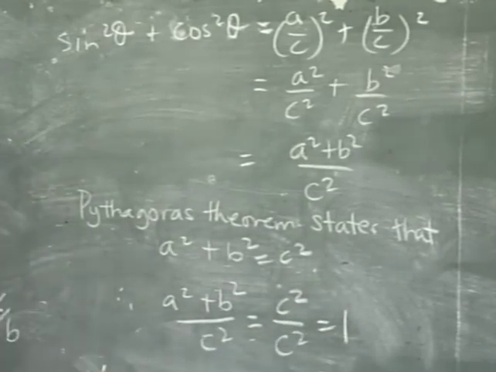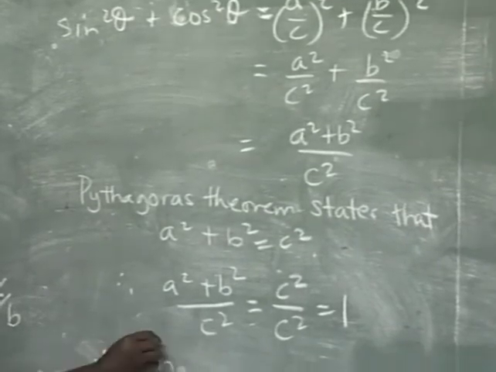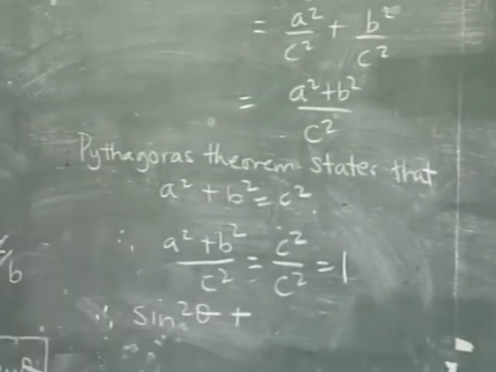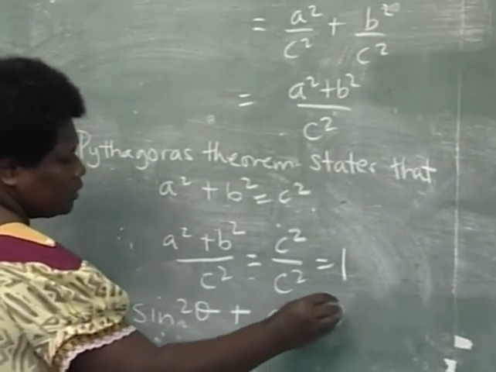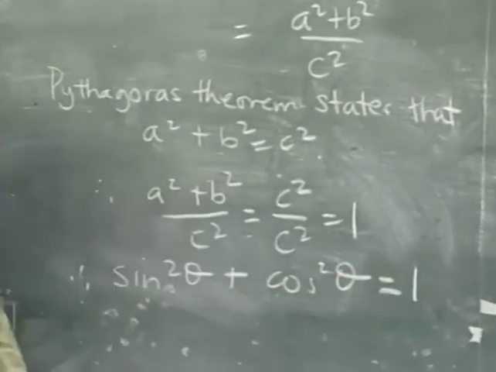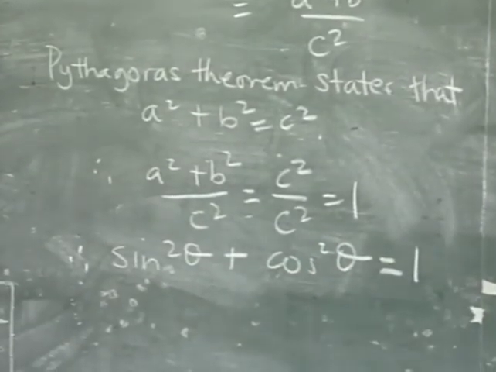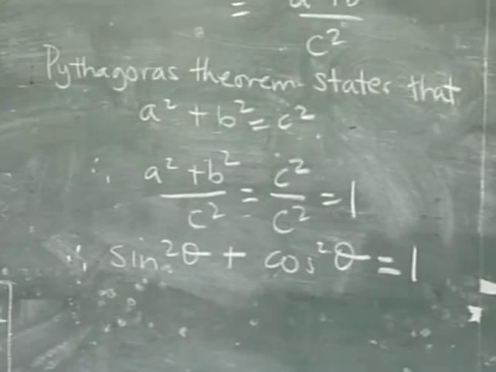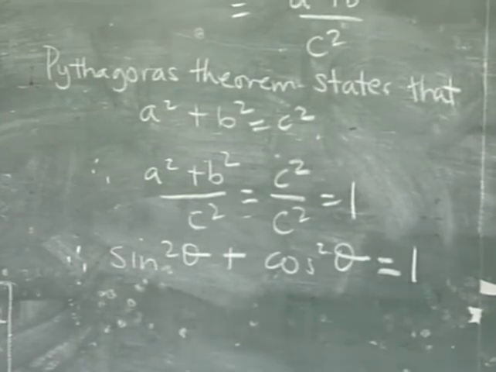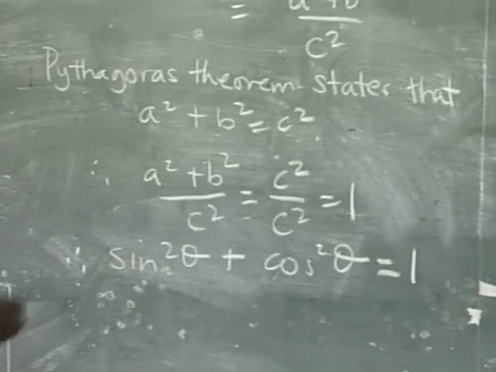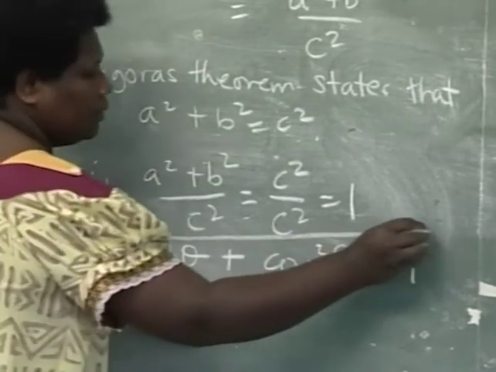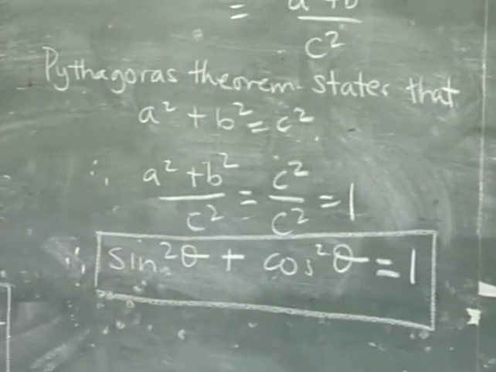Therefore, sine squared of any angle plus cos of the same angle squared will always be 1. You can use any angle and use your calculator. The calculator will give you 1. All right, I expect you to remember that.